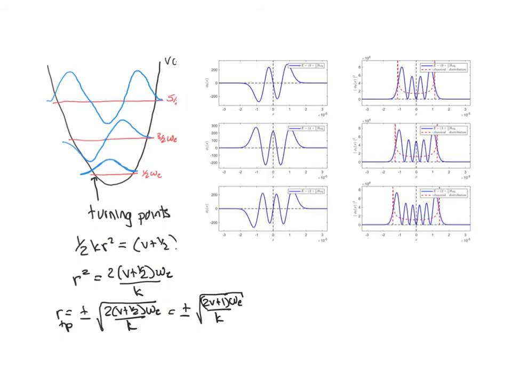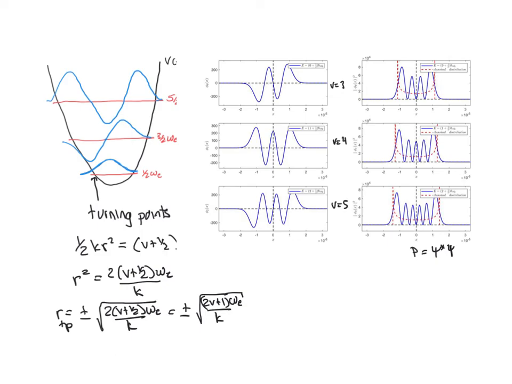If we examine wave functions above v equals 2, so we have here v equals 3, v equals 4, and v equals 5, and we look at the probability, psi star psi, we can see that, in fact, as the quantum number gets higher, we have a global probability maximum that is closer to the classical turning points of motion.